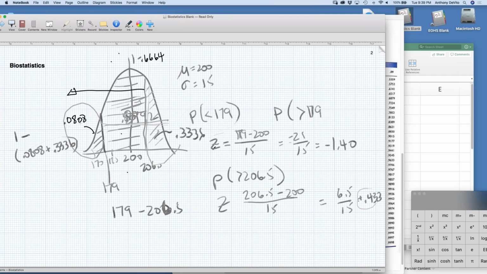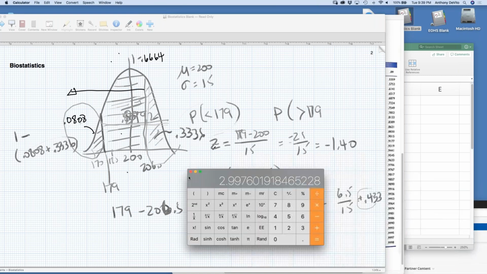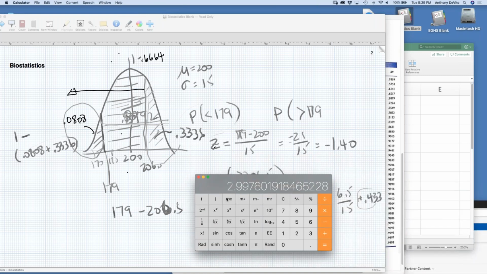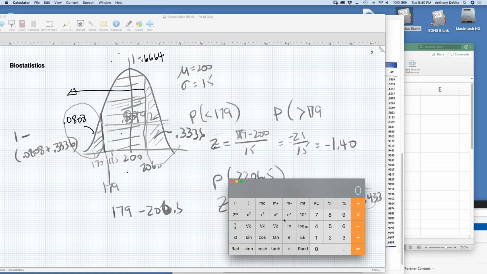I try not to round until I'm completely done, if I possibly can. And usually, to tell you the truth, I would use Excel to solve this. I'm trying to be a little bit more transparent by using the calculator. Excel remembers all the decimal places, even if you have the formatting rounded to only show 2 decimal places.